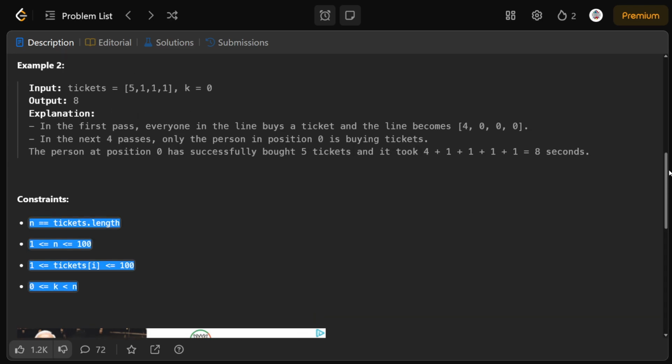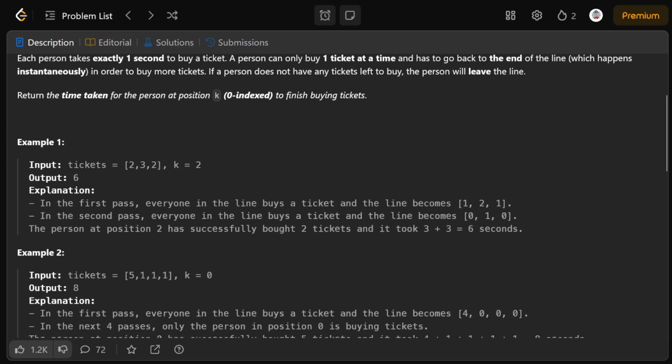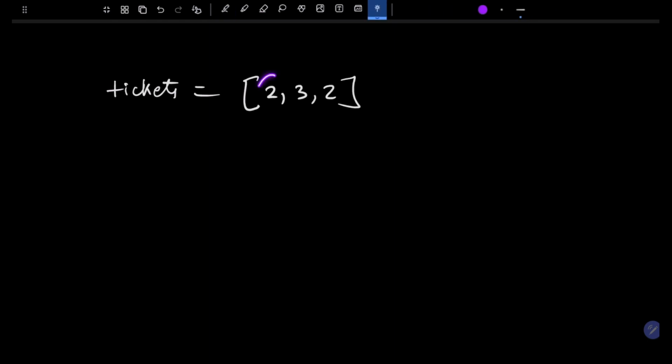So let's understand with an example how to do this question. If I take the first example itself, we are given a tickets array having three people in it, where they require three tickets, two tickets, and two tickets. These are the persons P1, P2, and P3, representing how many tickets they want.